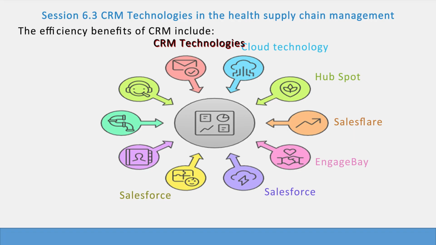Zoho is a CRM that's fully cloud-based and integrated and offers a variety of features including lead management and scoring, workflow automation, analytics, and marketing and process management. BigContacts simplifies customer relationship management with its easy-to-use design and intuitive interface.